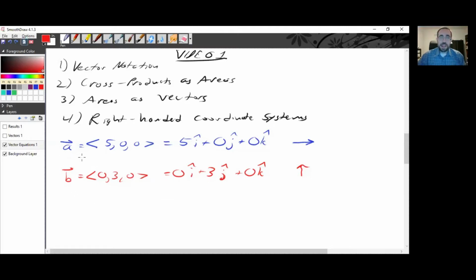So let's talk about unit vector notation. Hopefully you know what unit vector notation is. If you don't, then I'll try to clarify that for you as quickly as I can. So i hat is really just 1 in the x direction, and j hat is equal to 1 in the y direction, and k hat is 1 in the z direction.